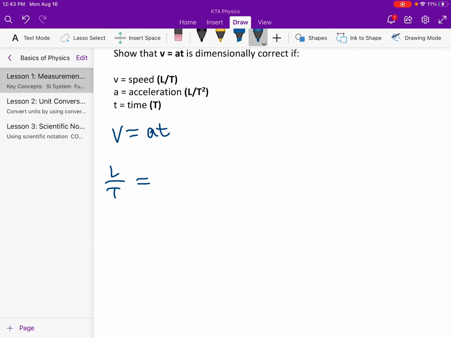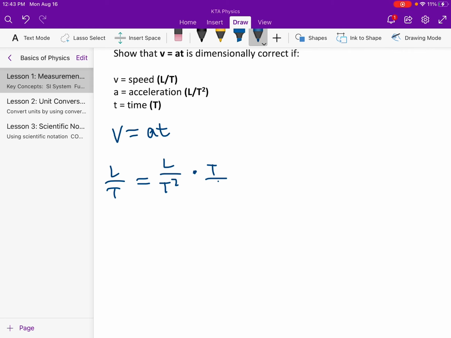Then A, we see that that's acceleration, and that is L divided by T squared, where we're assuming L means length, T means time. So time squared, but then also multiplied by time, which is T, so just T. So how do we know this is true?